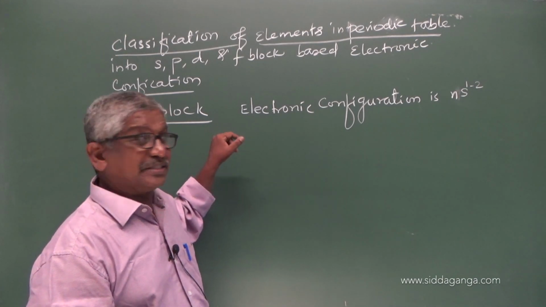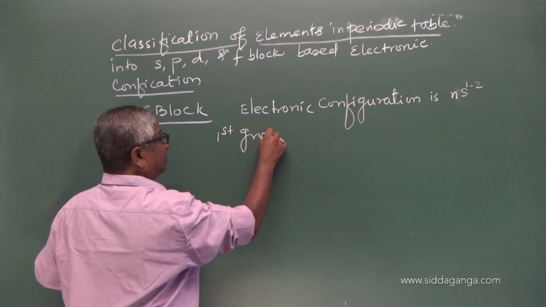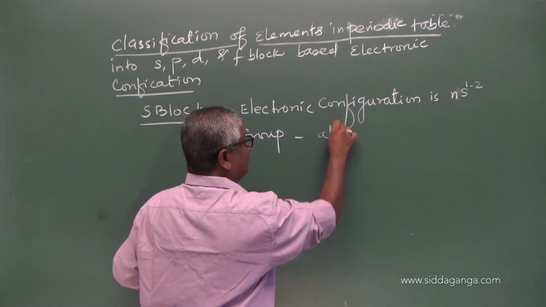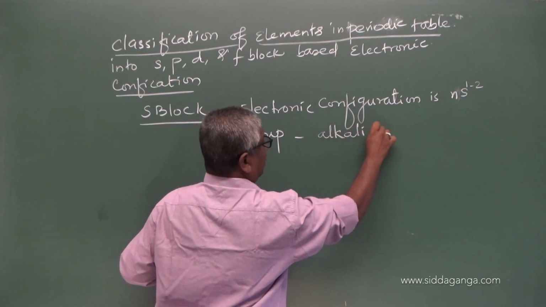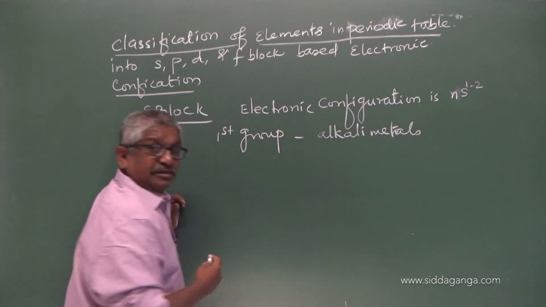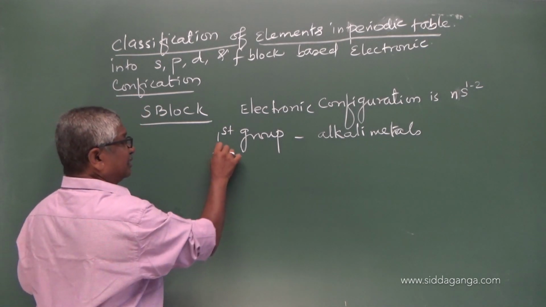First group elements are called alkali metals.